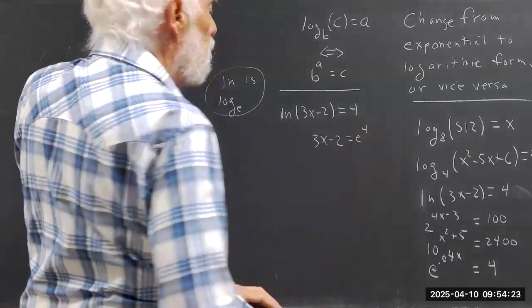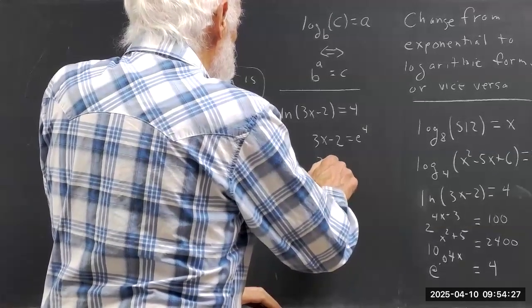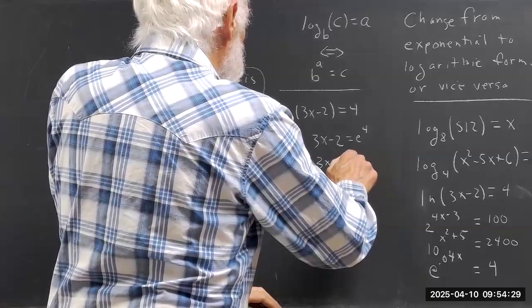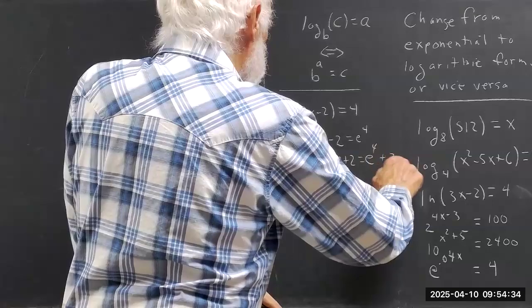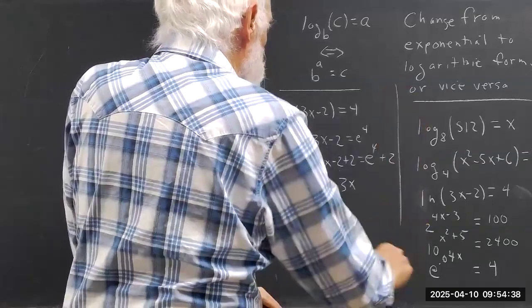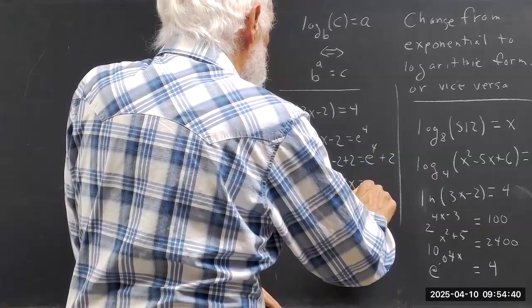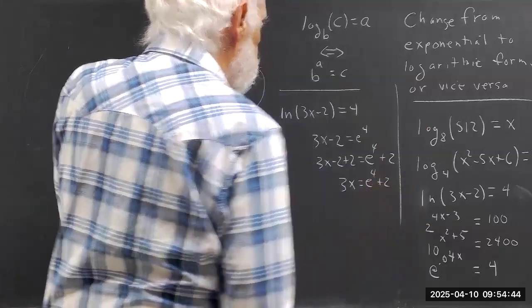Well, what's e to the 4th? There are two ways I can solve this. I can say, okay, well, 3x - 2 + 2 equals e to the 4th + 2. So 3x equals e to the 4th + 2.